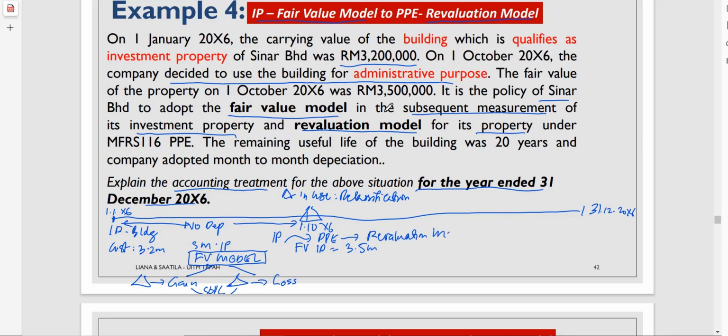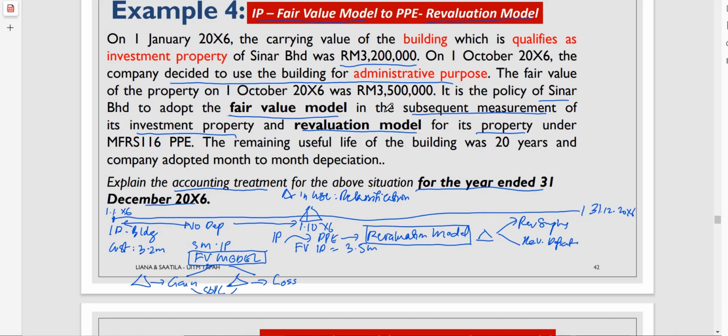So changes in the fair value would have been taken into consideration. Depreciation will still continue, but the changes under the revaluation model, if there are any, would be treated as revaluation surplus or revaluation deficit.